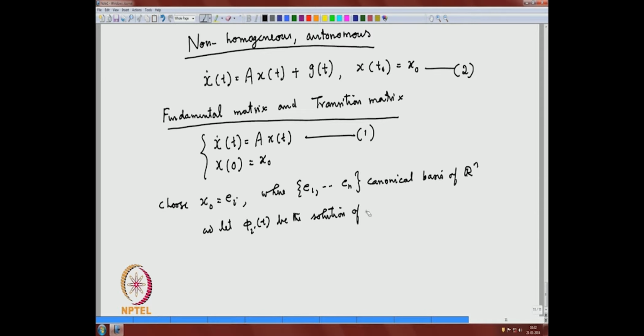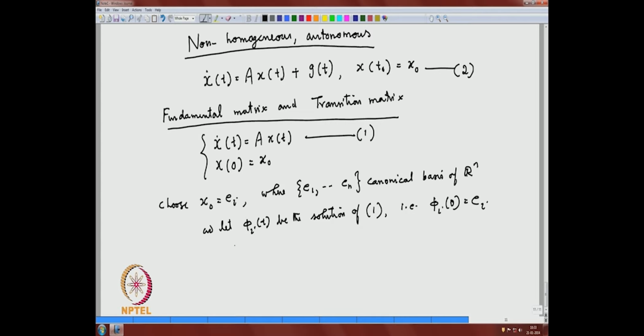I am talking about the homogeneous equation, that means phi i t satisfies the equation 1 with phi i at 0 equal to E i. So, phi i dot is equal to A phi i and phi i 0 is equal to E i.